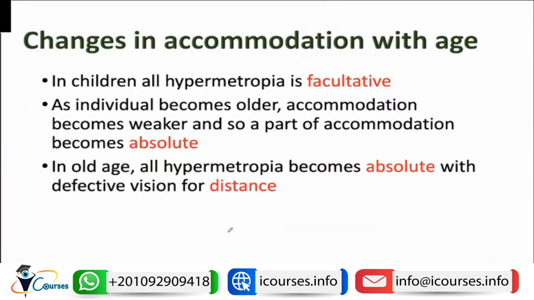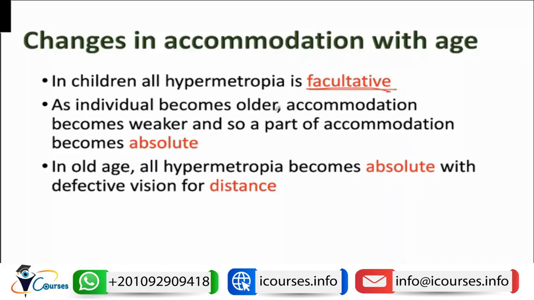So what happens in accommodation with age? As you can guess, in children, all hypermetropia is facultative. All hypermetropia in children can be corrected by accommodation, since children have small eyes and a strong accommodation.